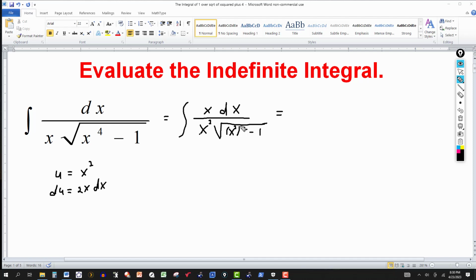Since I have x dx in the numerator, let's divide both sides by 2. That tells me that x dx can be replaced by du over 2. So I'll put the 1/2 out in front, and this would just be du up here.